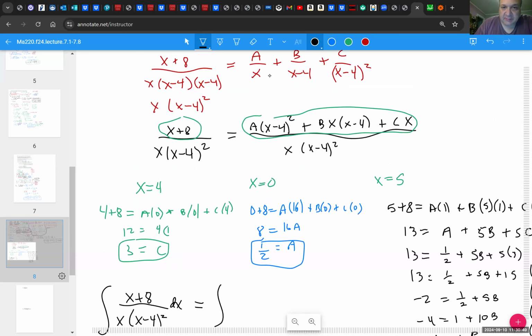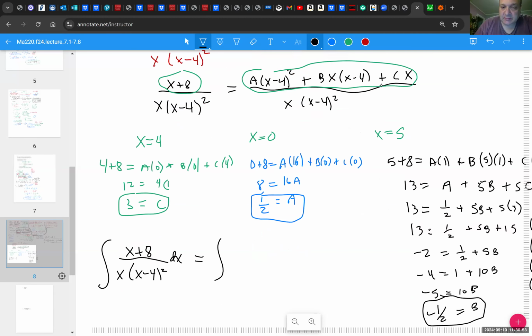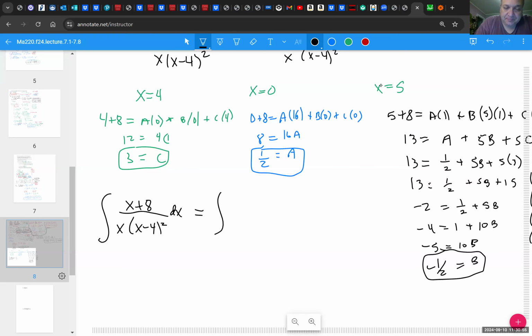And we're going to put them all in different. So one's a over x, one's b over x minus 4, one is c over x minus 4 squared. So we get something over x. That's the a part. And then we get our b, which is x minus 4. And then we get our c, which is x minus 4 squared.